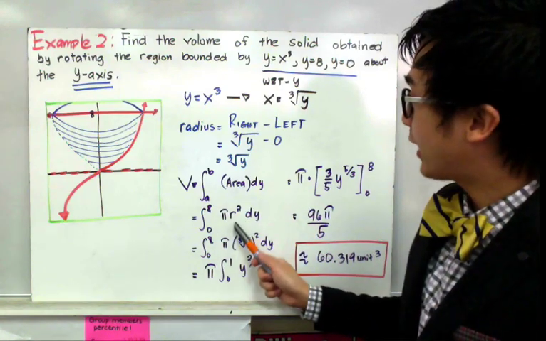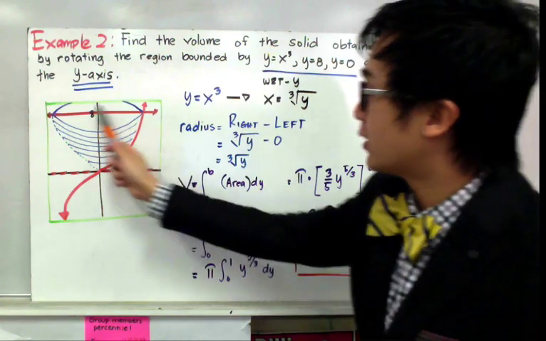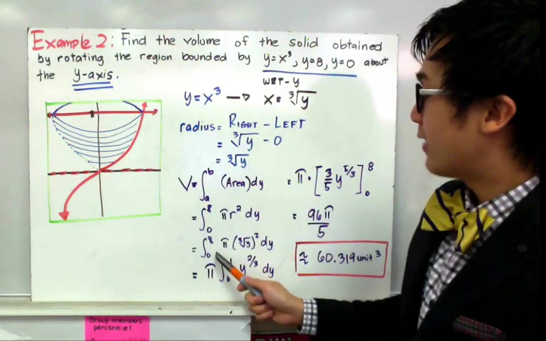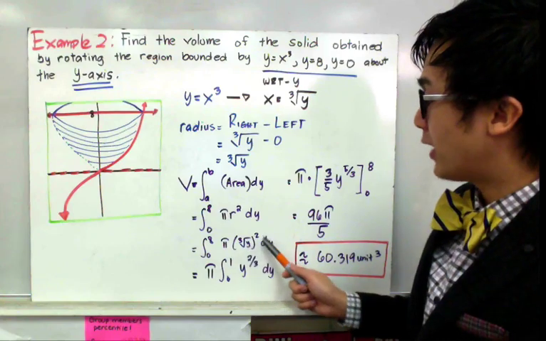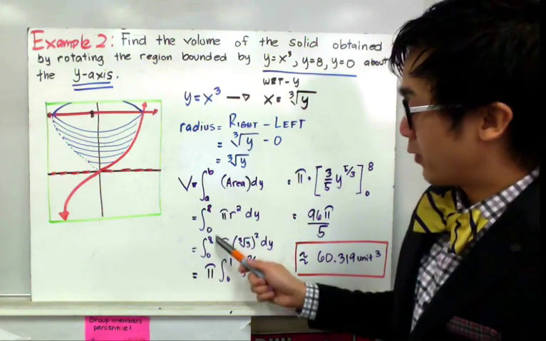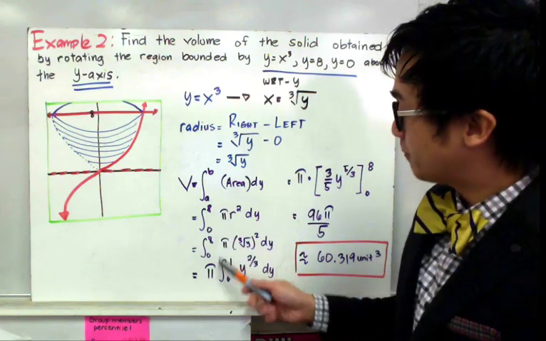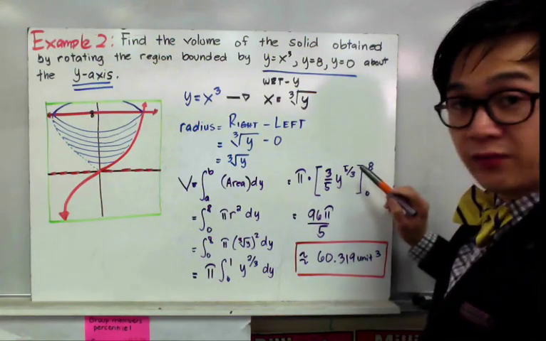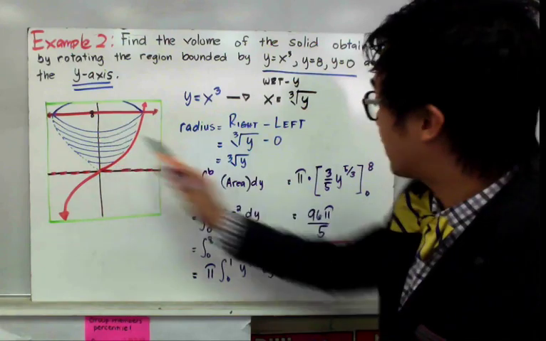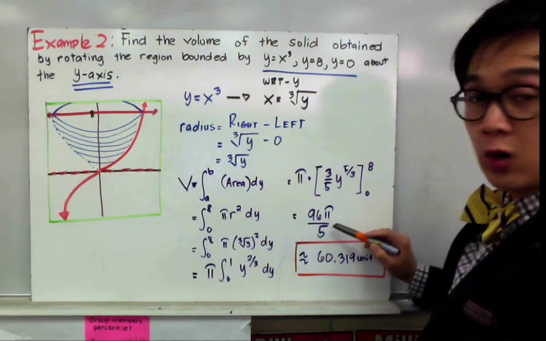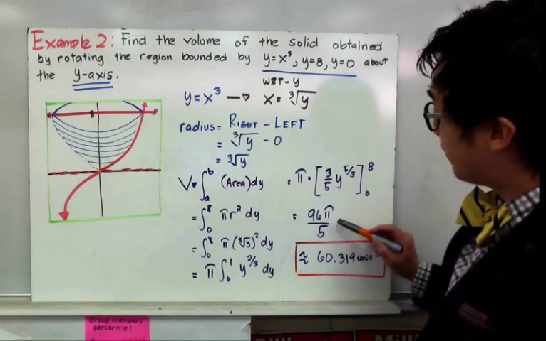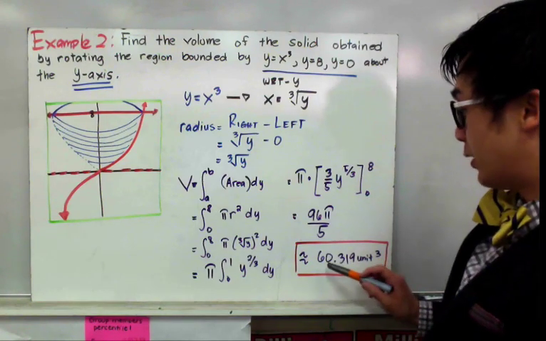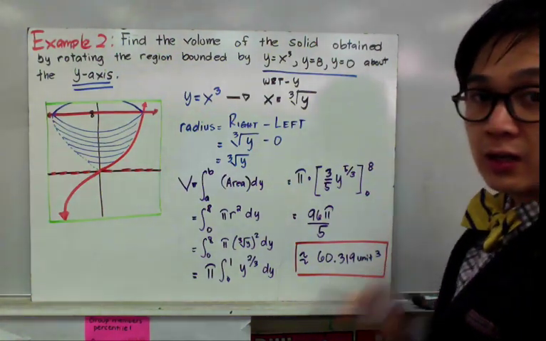And our r here is the radius of the circle, which is cube root of y. So we'll have the integral of pi cube root of y squared dy from 0 to 8. And by integration, we're going to find our computed volume for the cylindrical cone as 96 pi all over 5. And by further simplifying this, the volume of the solid can be computed as 60.319 unit cubed.